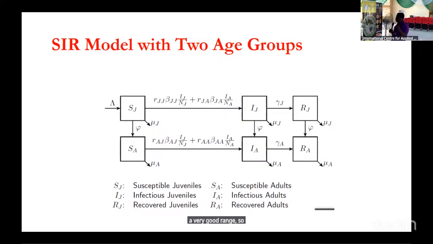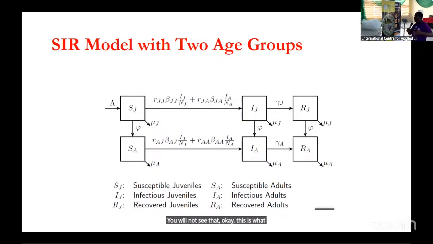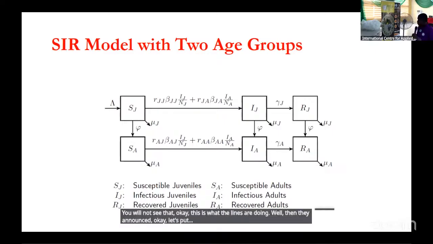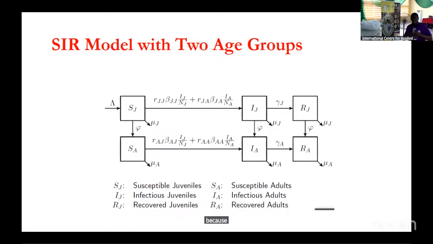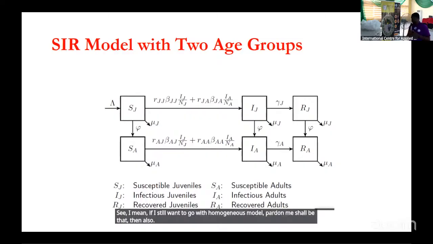So that when people are planning, you will not say, this is what LLIN can do, and then they say, okay, let's put 80% of LLIN because we have said we can avert this number of cases, but unfortunately, when we put that in, it's not giving us that. So how do we salvage that situation? And if I still want to go with a homogeneous model, how do we salvage that kind of situation?